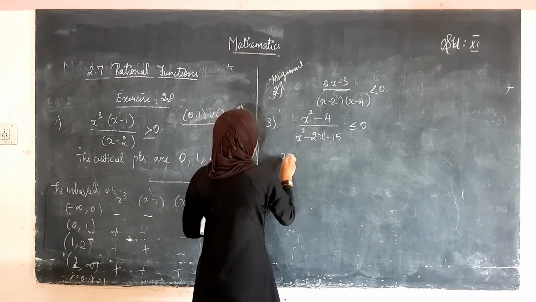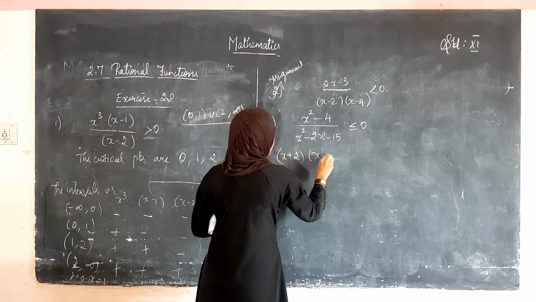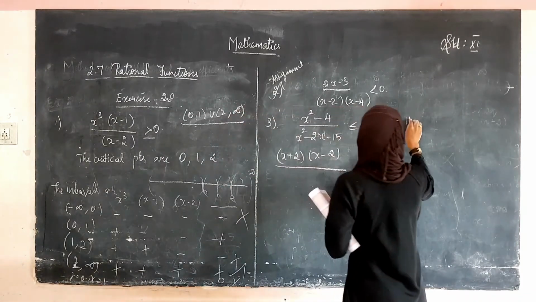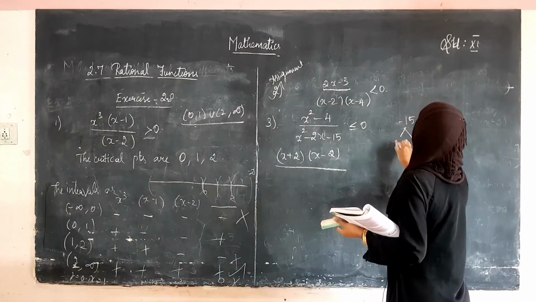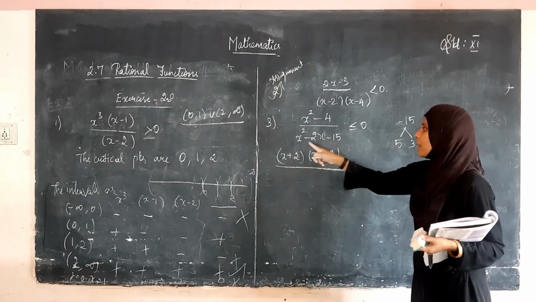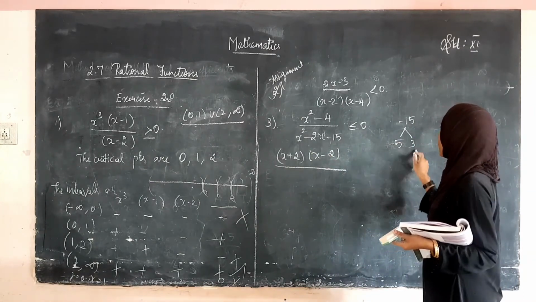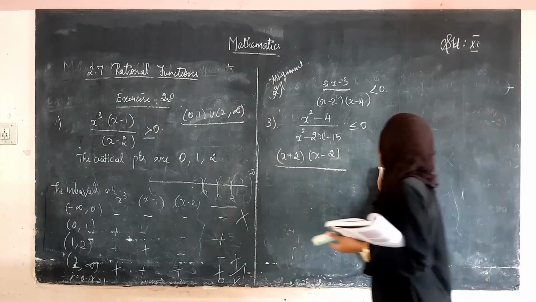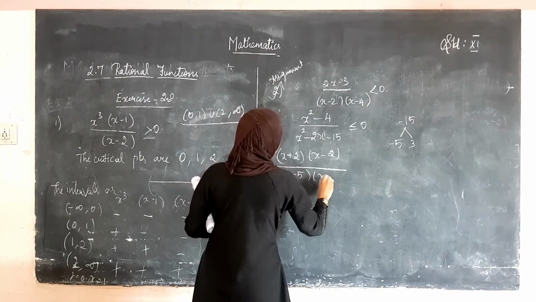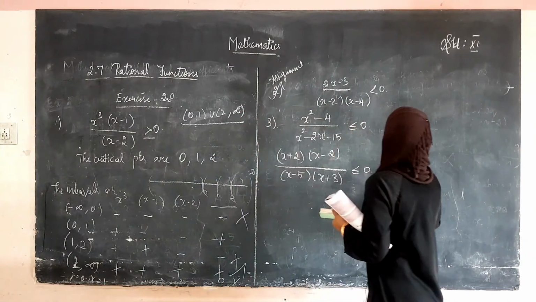The answer is (x plus 2) into (x minus 2) divided by the factorization of the denominator. For minus 15, 5 into 3 is 15, and while adding we have to get minus 2. Minus 5 plus 3 is minus 2, and minus 5 into 3 is minus 15. So the answer here is (x minus 5) into (x plus 3), less than or equal to 0. So what are the critical points?